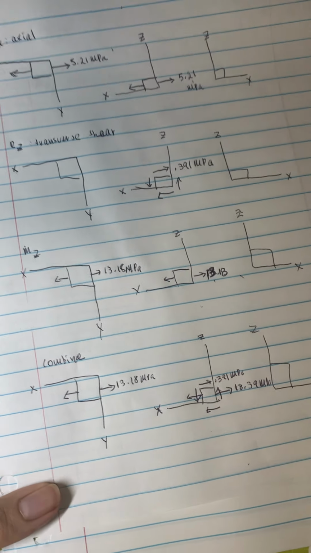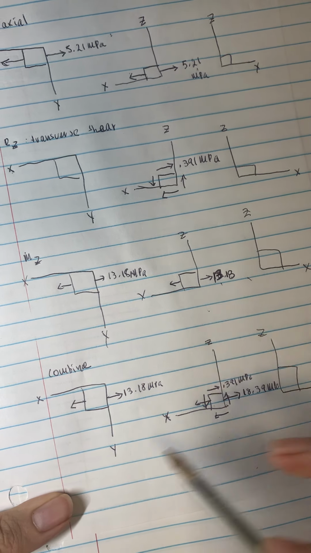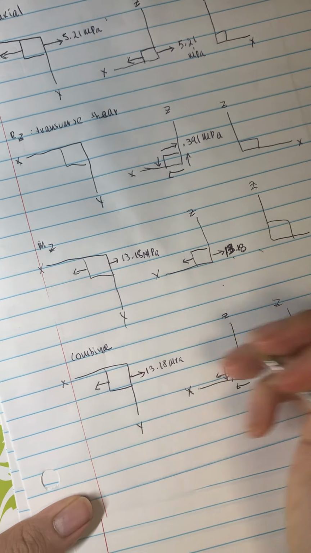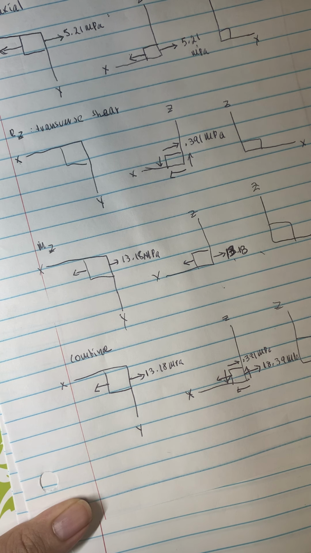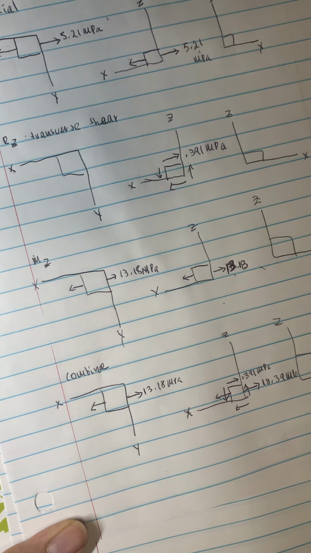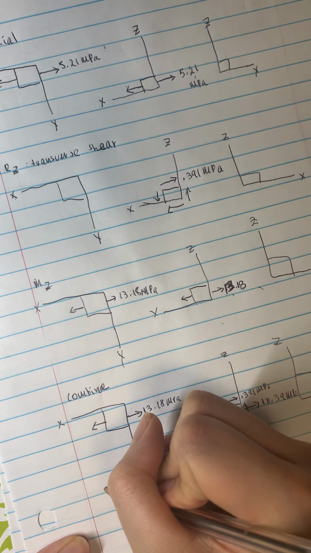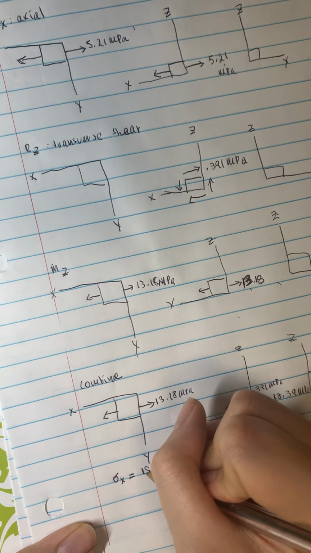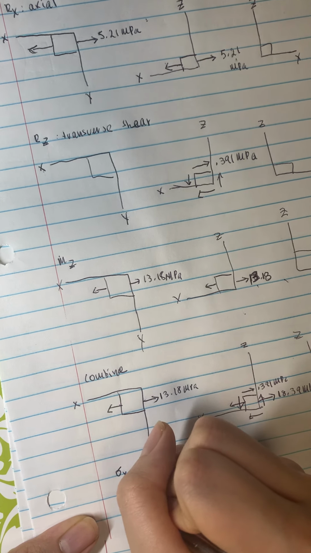So from just looking at the xz plane, because we have the most component there, it's going to be easier to find the principal stresses and shear max. So from that, we can get stress in x equal to 18.139 megapascal.